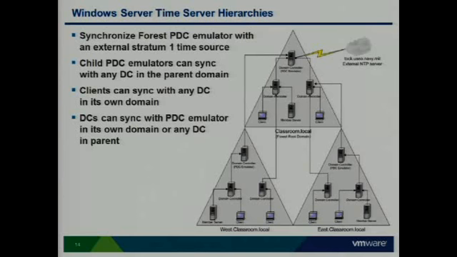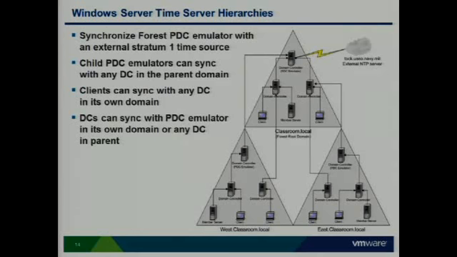So everybody checks in. Any client OSs synchronize with any domain controller that exists in that Active Directory domain environment, and domain controllers themselves can synchronize with any PDC Emulator in their own domain or any other parent domain, or any DC in a parent domain. So it feeds everything up to the top of the food chain.